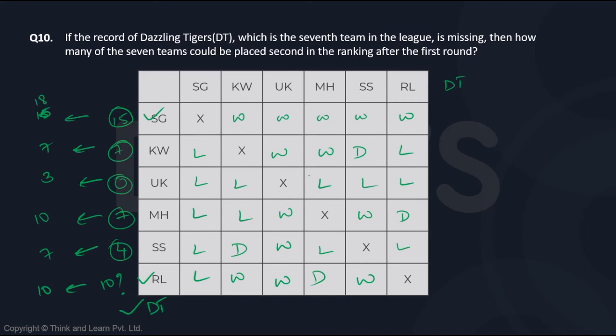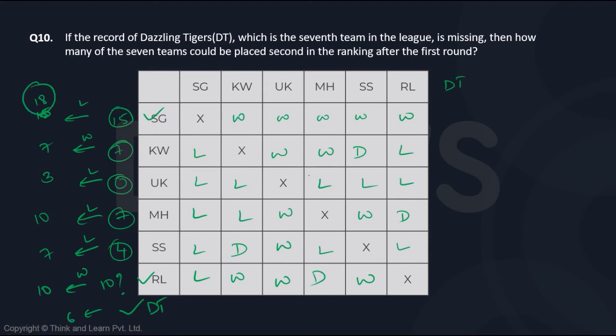So how many matches basically did DT win? It has lost here, because if SG is increasing, it means DT has lost. If it is remaining the same, it means DT has won. So won, then lost, then lost, then lost, and then won. So DT has won 2 games. So DT will get 6.